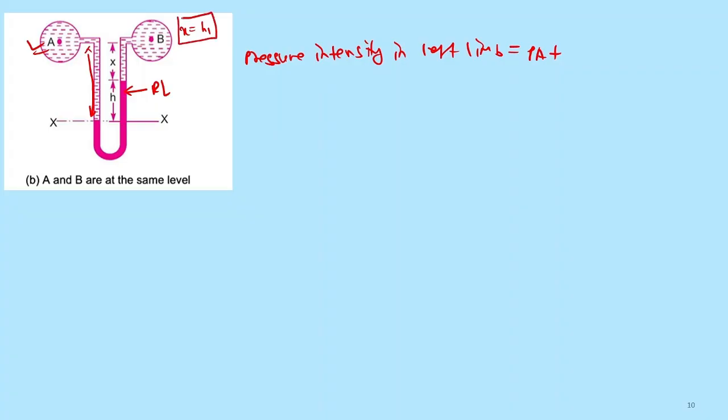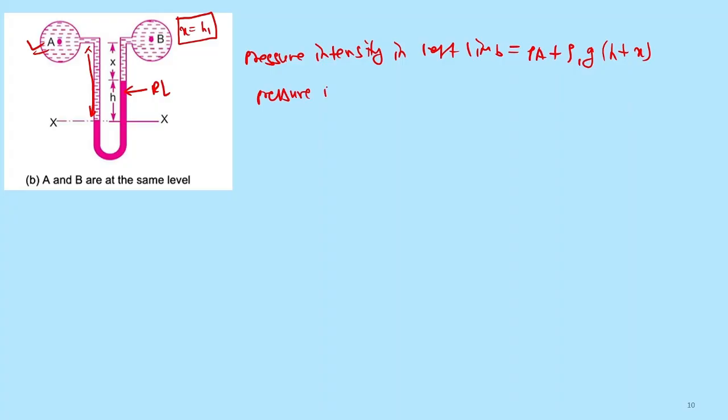You can write anything, you can denote it by anything. So here we will get h plus h1, so you will get density 1 g and h plus x.